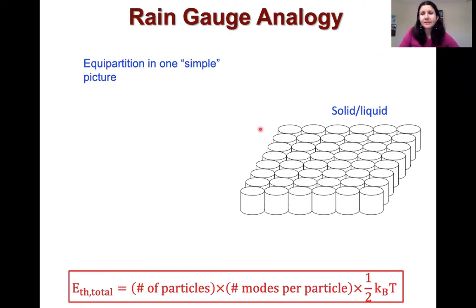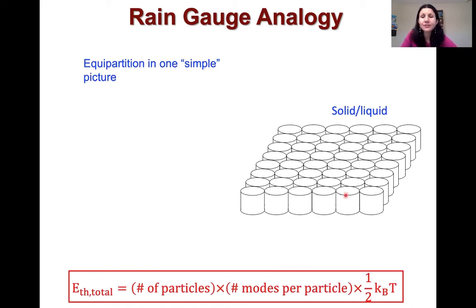All right, so there's a nice analogy that might help you think about equipartition of energy in these modes. You could think about it in terms of rain gauges. What are rain gauges? They're these little buckets that collect rain and give you some information about, let's say, the number of inches of rain that fell in a specific period.